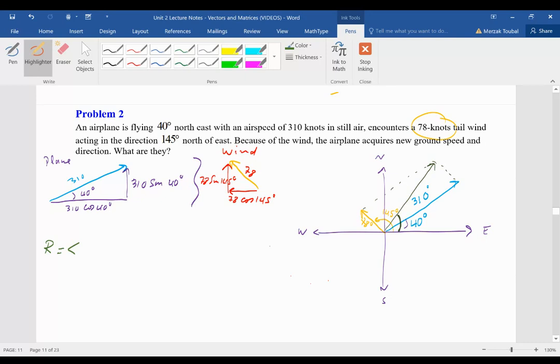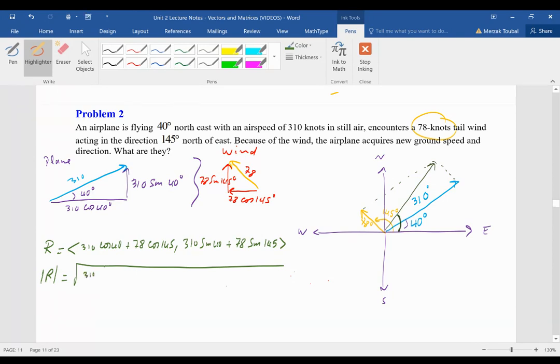So that means 310 cosine of 40 plus 78 cosine 145, comma, 310 sine 40 degrees plus 78 sine 145. Good. Now to find the magnitude of R, let's just put everything in the calculator.